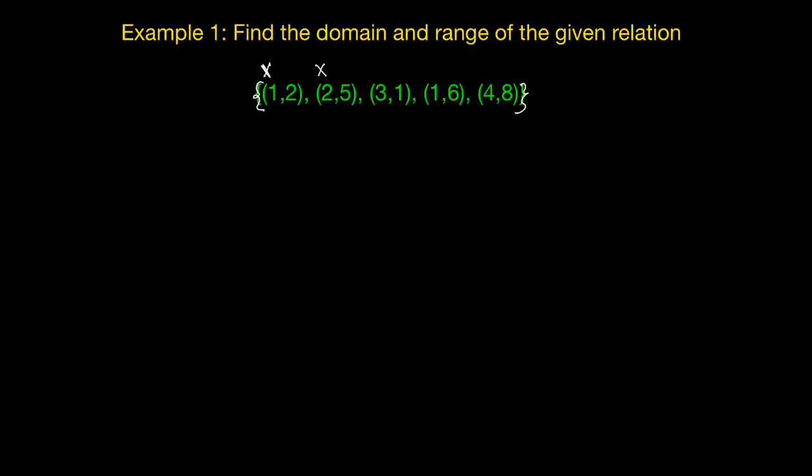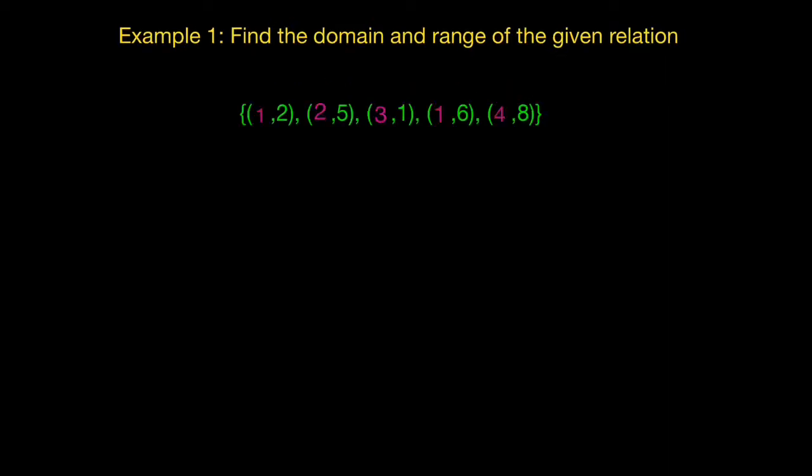I move on to the next coordinate, which is 3, 1, and my x value here is 3. Then, moving a little faster, the next x value is 1, and my last x value is 4. I've already highlighted these values: my pink values are my x's, 1, 2, 3, 1, and 4.